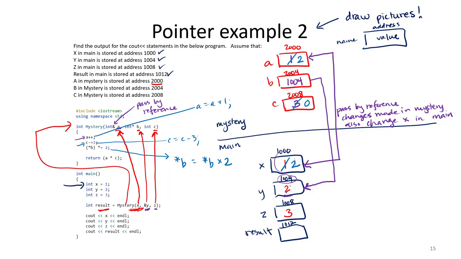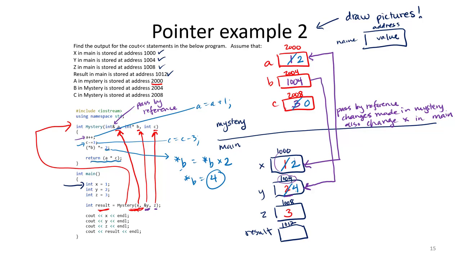I'm going to multiply that value by 2, and then update such that b is now pointing at the data, which has been updated to hold 4. So I go where b points, and I'm doubling that value. Alright, that is it for my code inside Mystery.